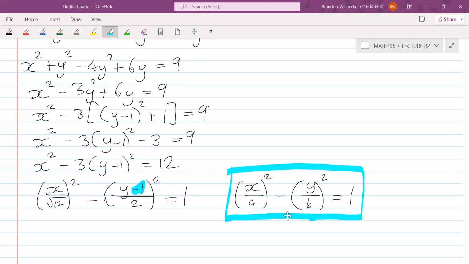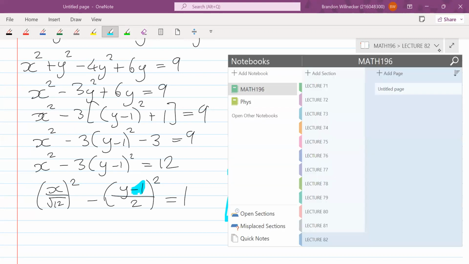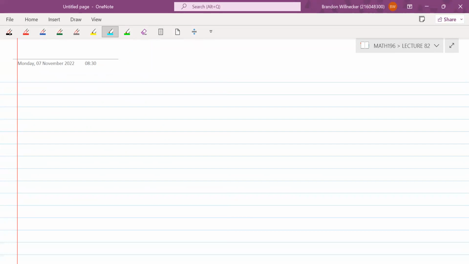Okay, let's have a look at question 2. So question 2 is about complex numbers and applications of complex numbers.